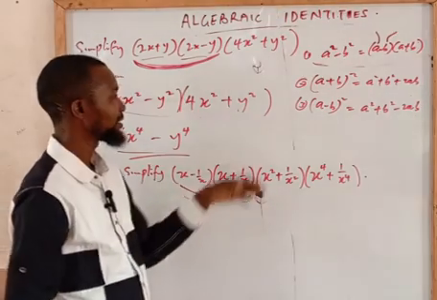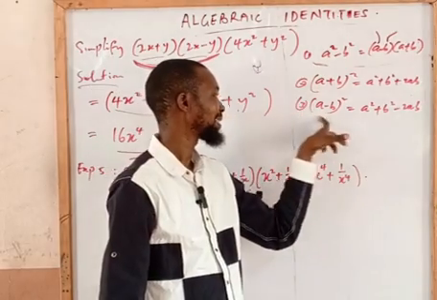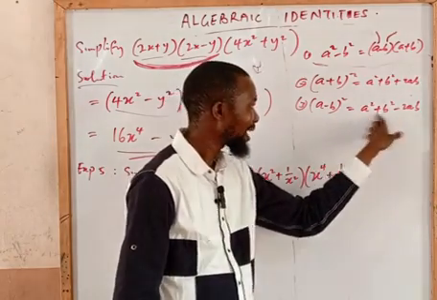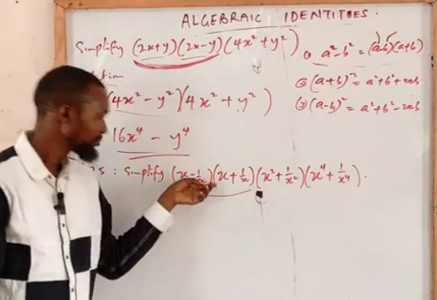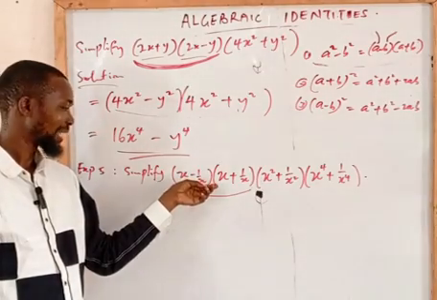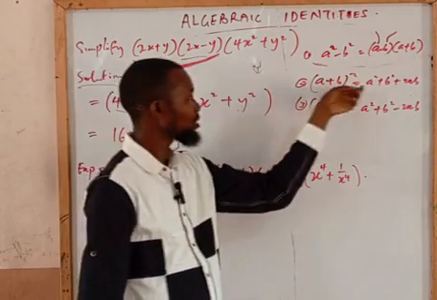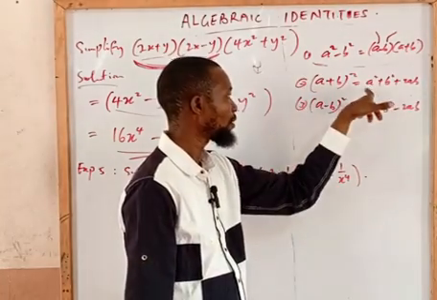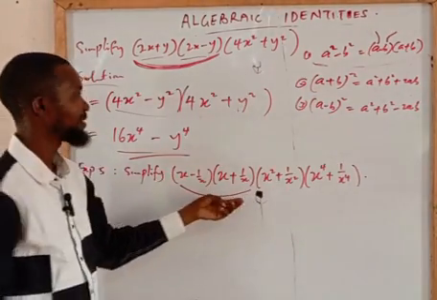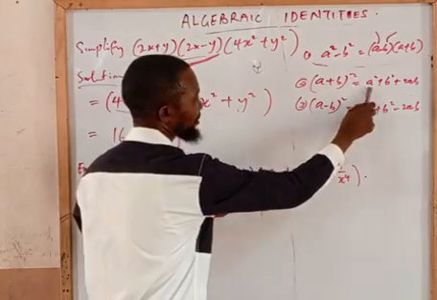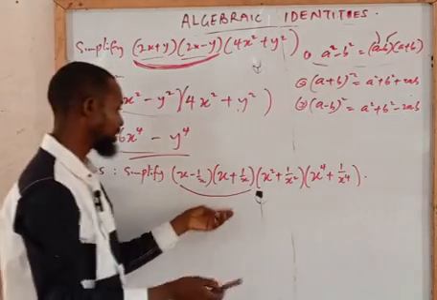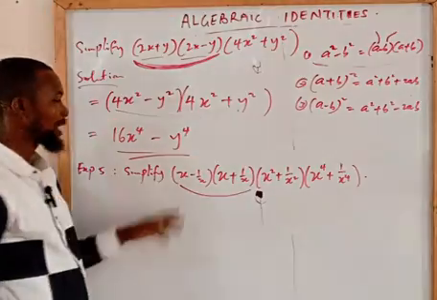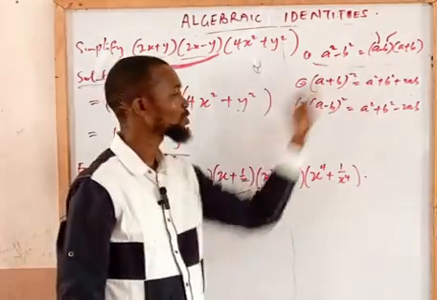We can say it is not this, because the result of this identity is this, and the result I have here is in no way like this. Also, in the second one, the result of expanding it is this. Compare what we have here to what we have here. Does it look alike? a squared plus b squared plus 2ab, whereas this one is x minus something and x plus something. So it is not this structure as well.